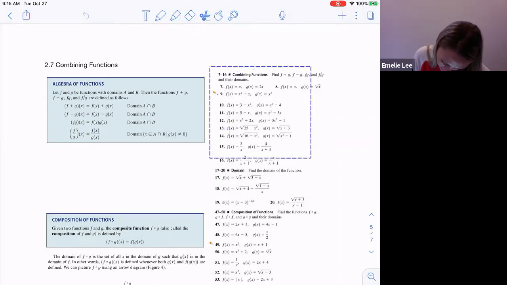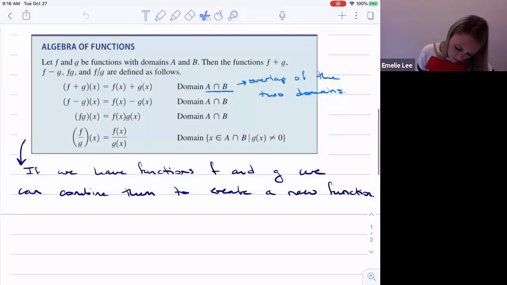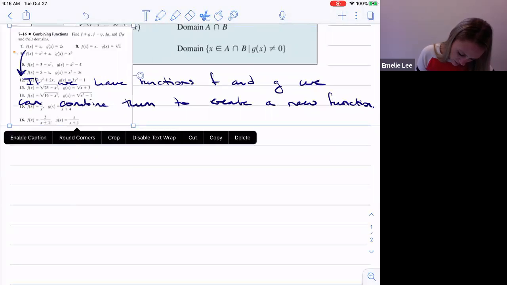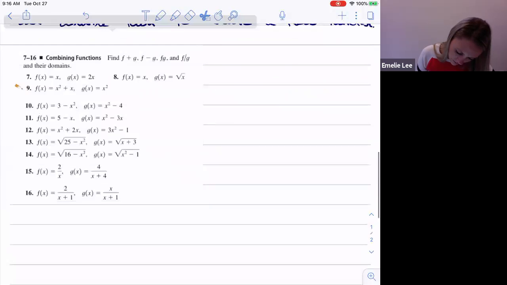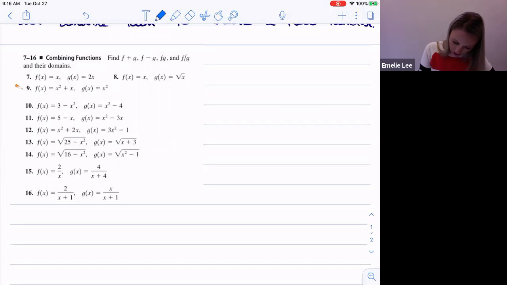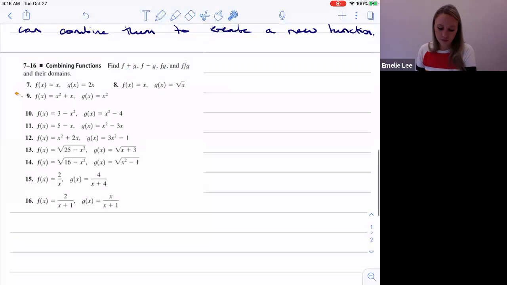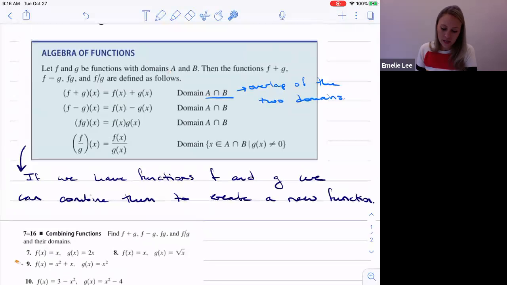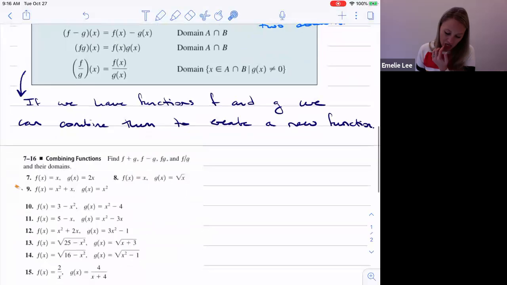So here, let's do some examples. Which one should we do? So here, we're supposed to find f plus g, f minus g, f times g, and f over g, and their domains. Okay? That means that we first have to find the domain of f and the domain of g, and then find A and B. Okay?